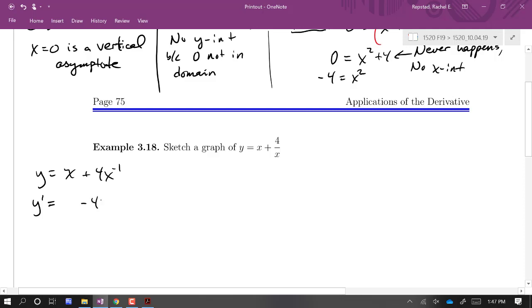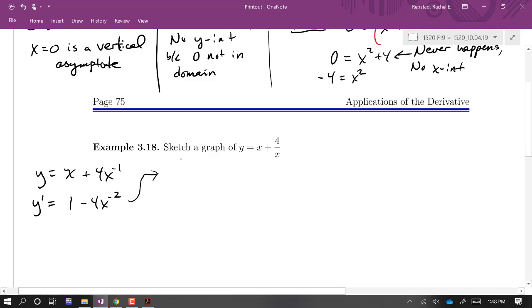Now I'm going to keep working with it. If we want to make a sign chart, we need to go back into fraction mode, and we want to be able to write it as a single fraction.